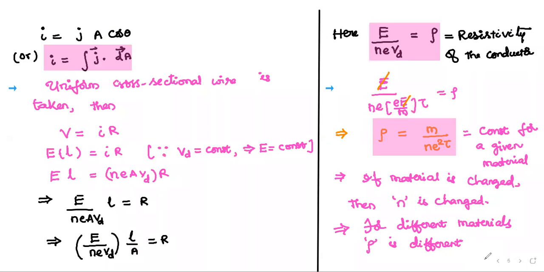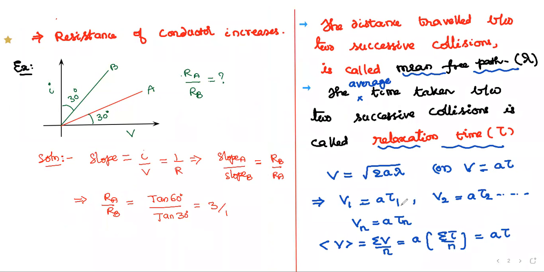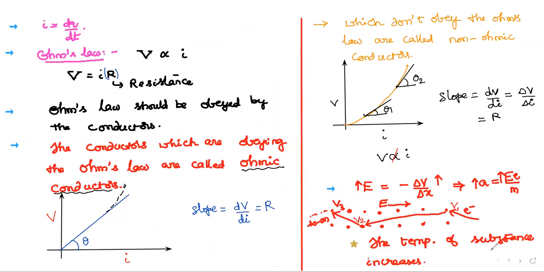But the problem is, if temperature is changed, this relaxation time changes. Okay, if temperature is increased, then what happens, Nana? Do you assume it makes more collisions or fewer collisions? More. The number of collisions increases, so the relaxation time between the collisions decreases.